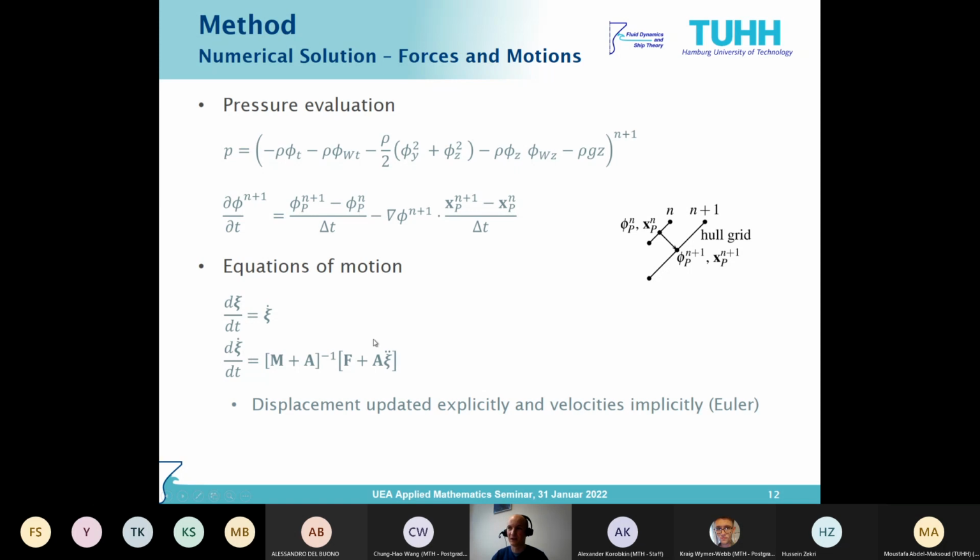We have to take the acceleration from the last time step at first to get the acceleration of the new time step, and then we can do this again to iterate it to get the exact, or more exact, equation. So this is a discretized form now of the equations of motion.